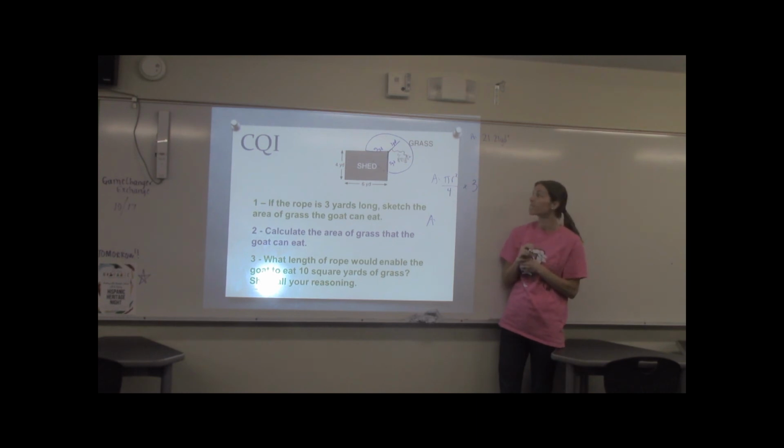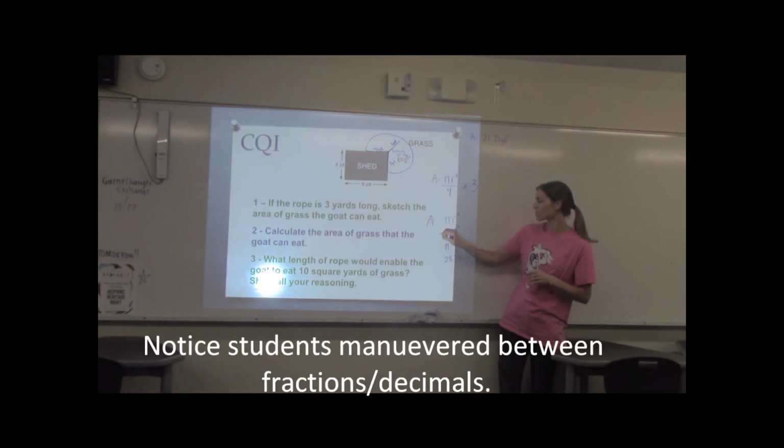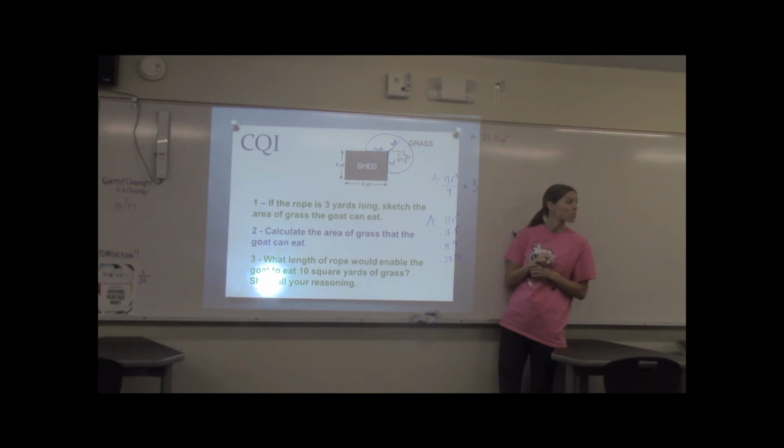And since to find an area you need to do pi times radius squared, we did 3 times 3, which is 9, and then 9 times pi is 28.26. And then since it was only 3/4 of a circle, we multiplied it by 0.75, and we got 21.195 yards.